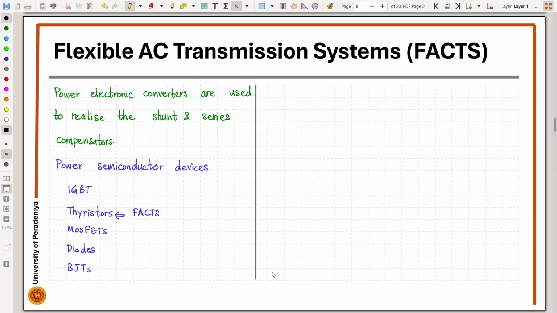Can you raise your hand if you have learned about thyristors in your undergraduate program? The thyristor symbol, the VI characteristic curve, and then thyristor-based power electronic converters. If you have learned them in your undergraduate program, can you raise your hand?